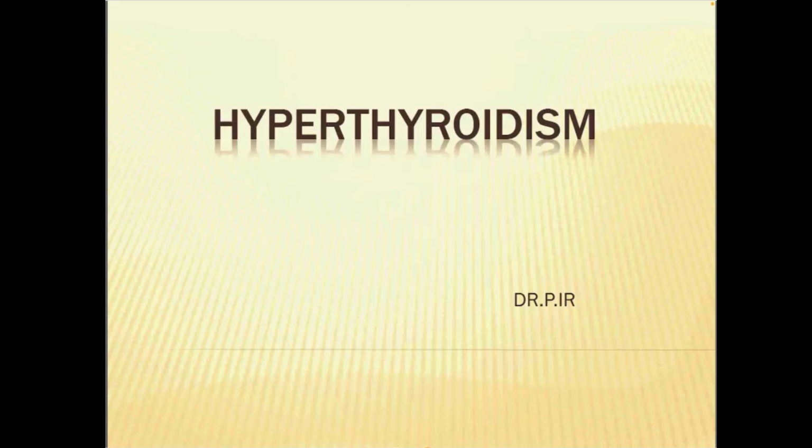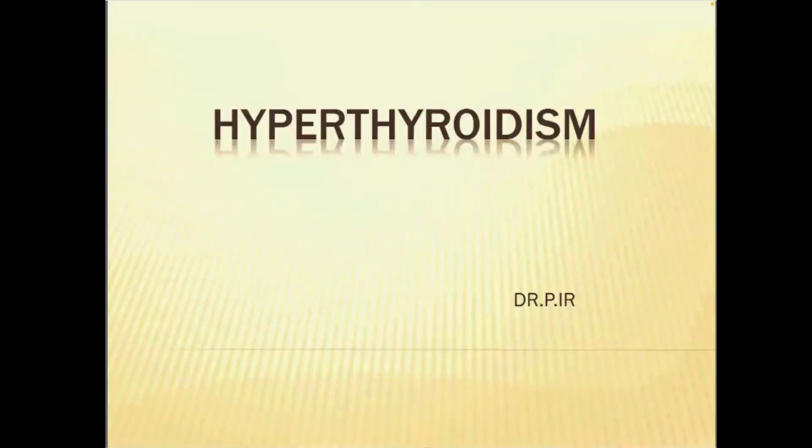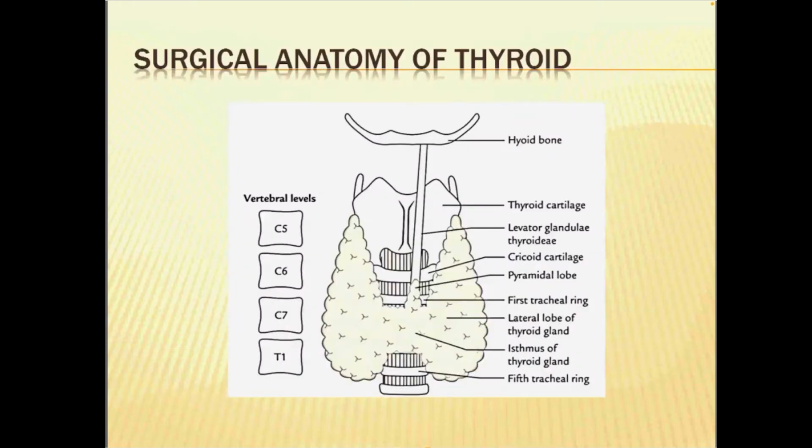So coming to the surgical anatomy of the thyroid, this itself can be a 5-mark question. What are the vertebrae that lie behind the thyroid gland? The thyroid gland extends from the C5 vertebra, the fifth cervical vertebra, to the T1 vertebra.